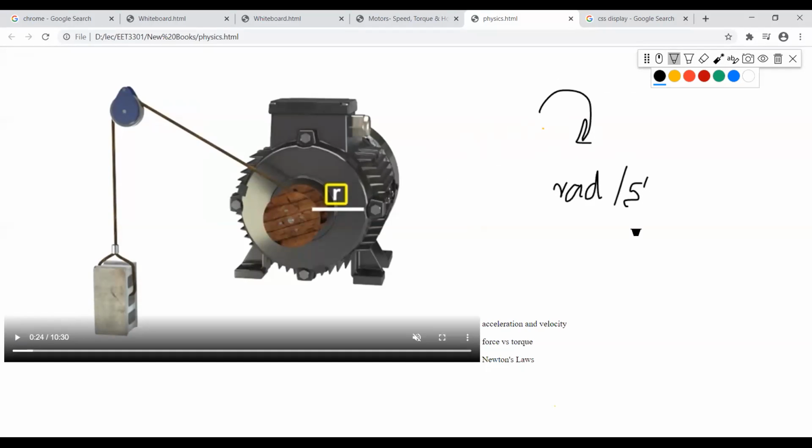But in the industry, this you must remember, we usually use something called RPM, which means rounds per minute. Most of you may already be familiar with this.